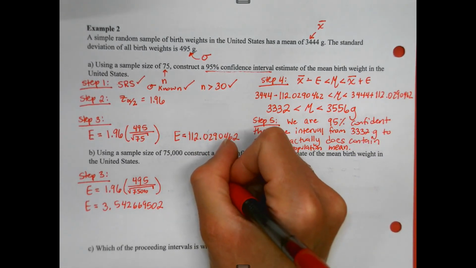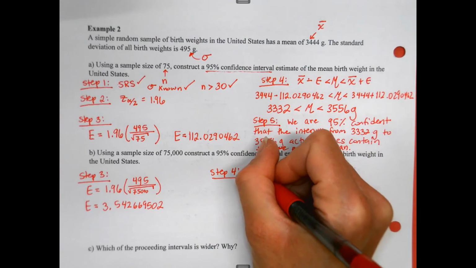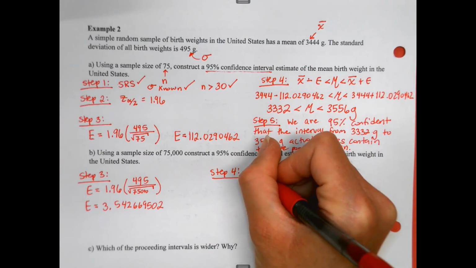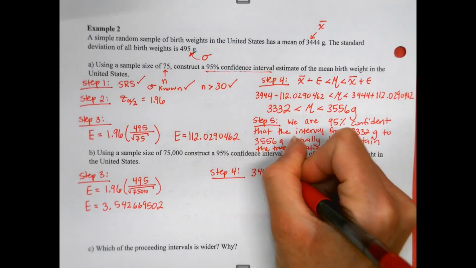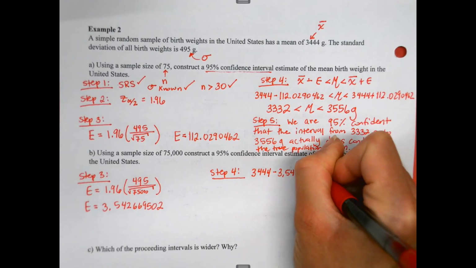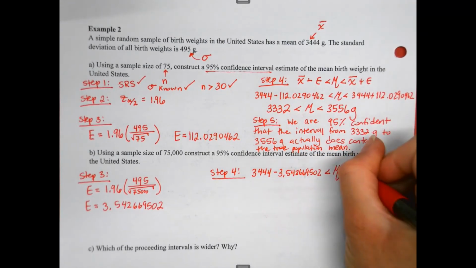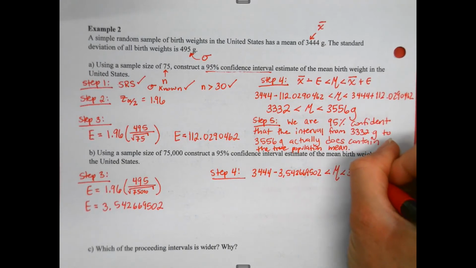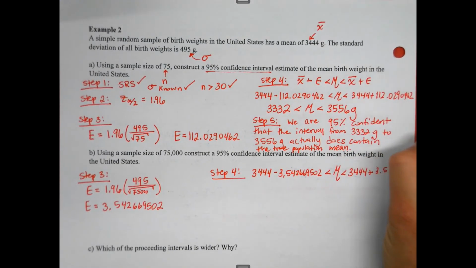So then for step 4, we are going to create our interval. We're going to take 3,444 and subtract 3.542669502, and we are going to take 3,444 and add 3.542669502.